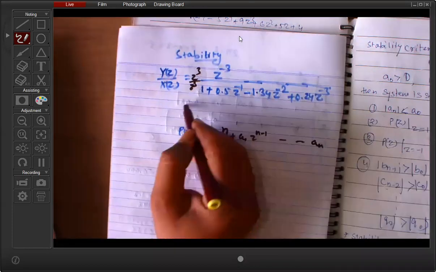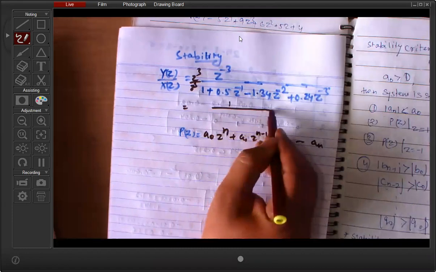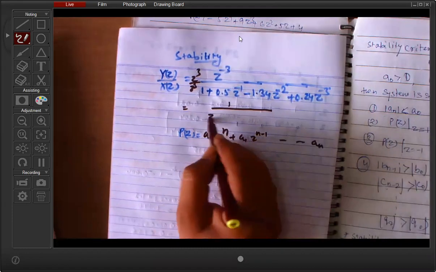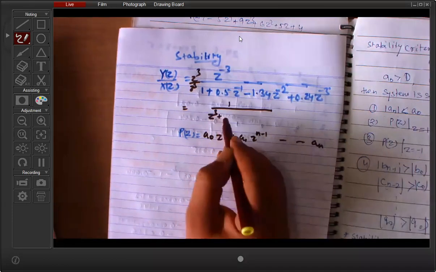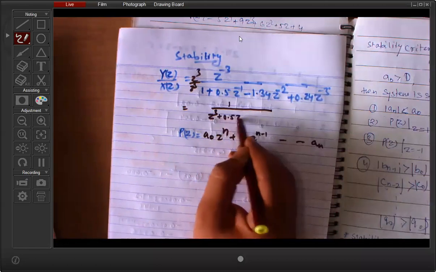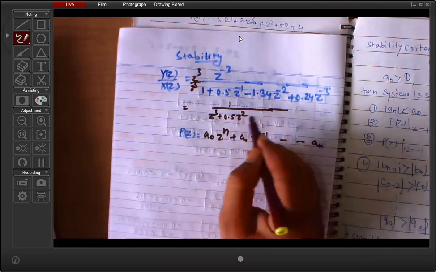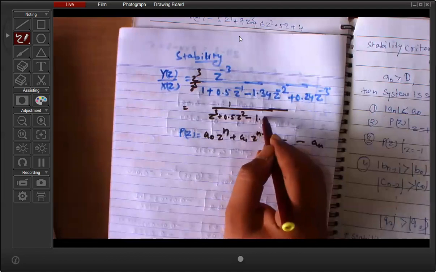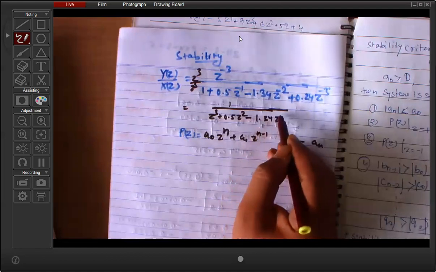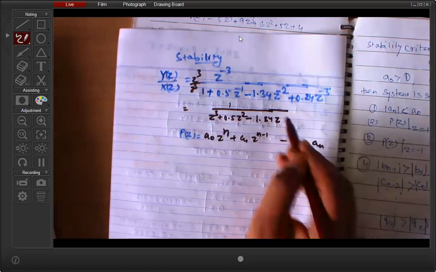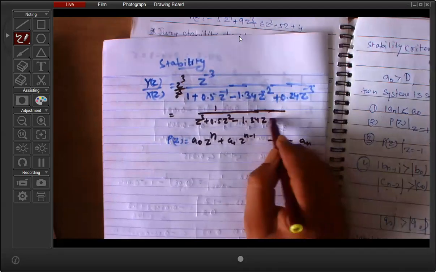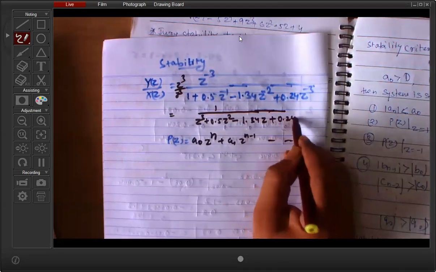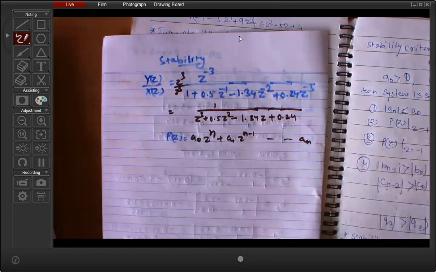Then it becomes 1 by z to the power 3 plus 0.5 z square minus 1.34 z plus 0.24.